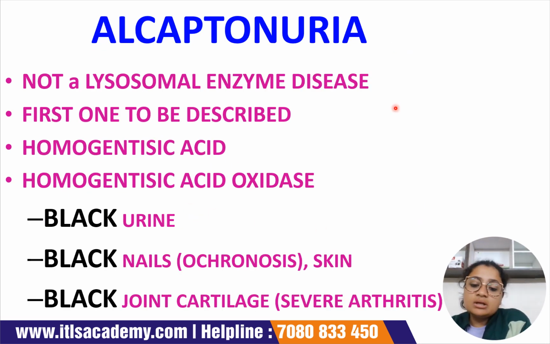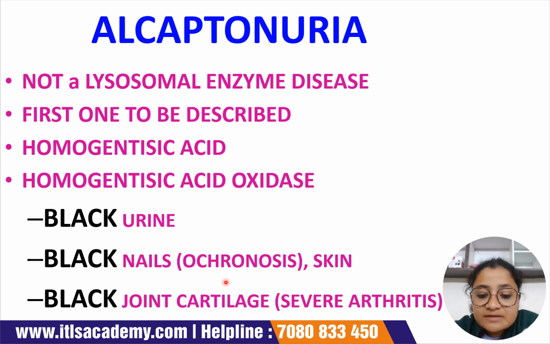Next, a very important inborn error of metabolism that we have is alkaptonuria. It is basically not a lysosomal enzyme disease, and it is the first such disease to be described, where homogentisic acid will be accumulated due to deficiency of the enzyme homogentisic acid oxidase. So the buildup of the substrate will be homogentisic acid, and the enzyme deficiency will be that of homogentisic acid oxidase.